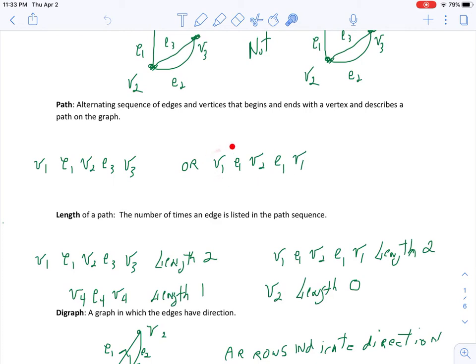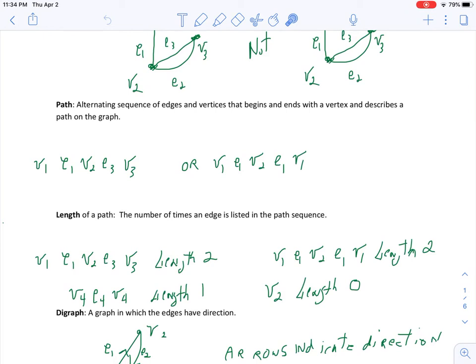Now, if I look at this path, which I've copied down there, and I start at V1, I walk over E1, I go to V2, I walk over E1 again. Well, every time I walk over an edge, every time it's listed in my path, it adds 1 to the length. So that's of length 2.